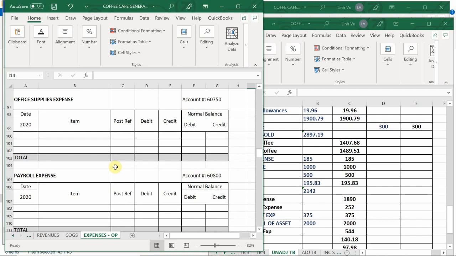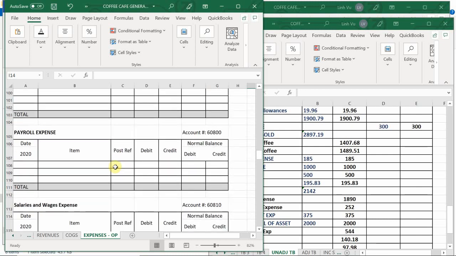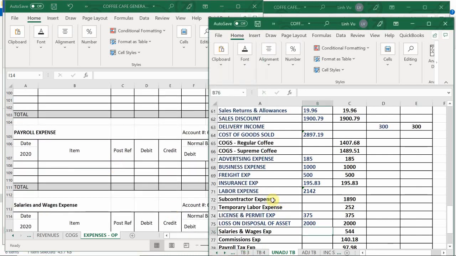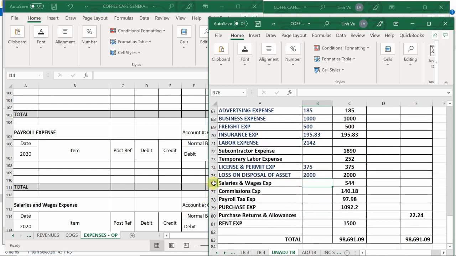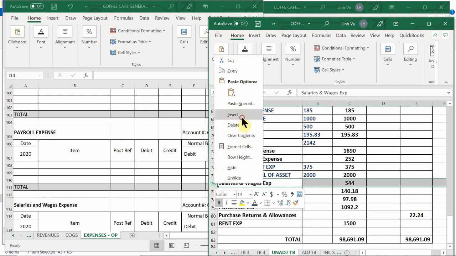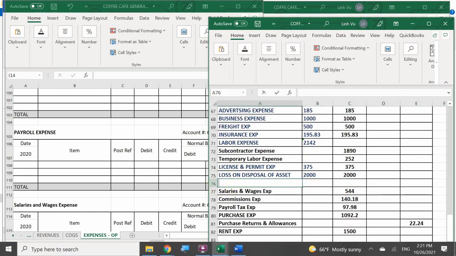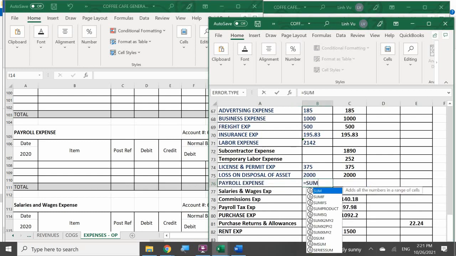And then let's see, what about payroll expense? Well, it is a main account. Actually, it's going to be salaries, wages, and commissions. This payroll expense is going to include your salaries, your commissions, and your payroll tax expense.